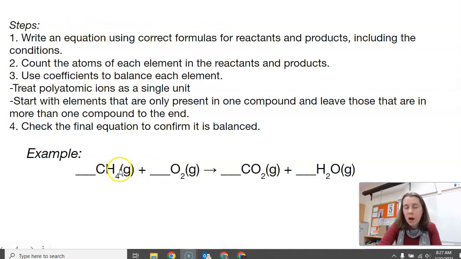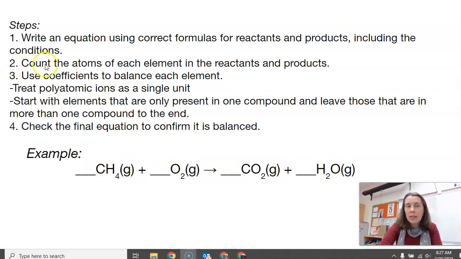So we have CH4 in the form of a gas. That's what the G means. All of these things are gases in this equation. If you have an L, that means liquid, an S means solid, and an AQ means it's aqueous, or dissolved in water. Those do not influence your balancing at all, but they're important pieces to have in your equation to tell you what state the things are in.